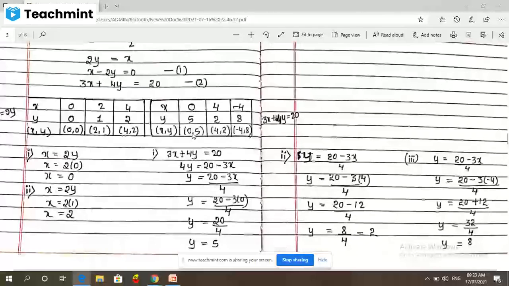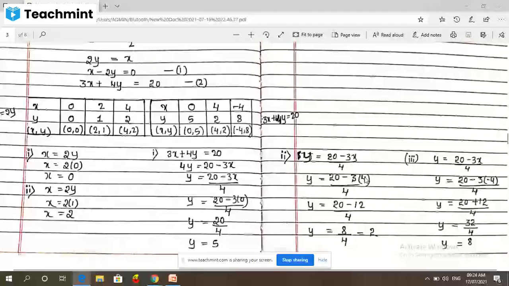Got the idea of this one, no? Next, the second point we have to find out. For what value of x will we get the y value? So y is equal to 20 minus 3x divided by 4. Then y is equal to 20 minus 3 into.